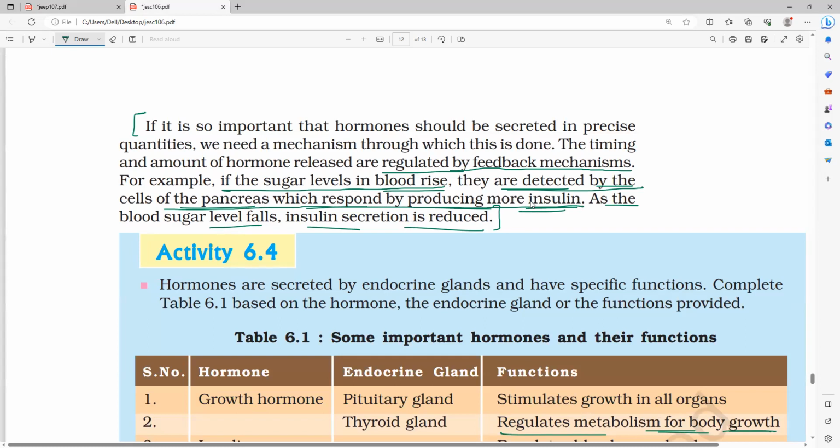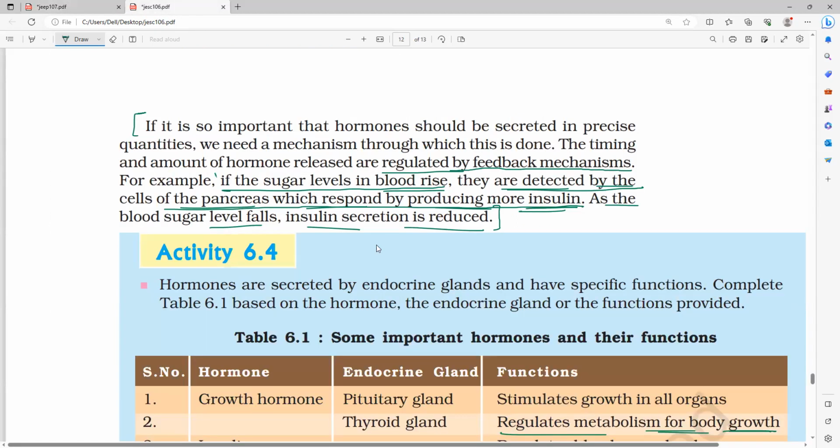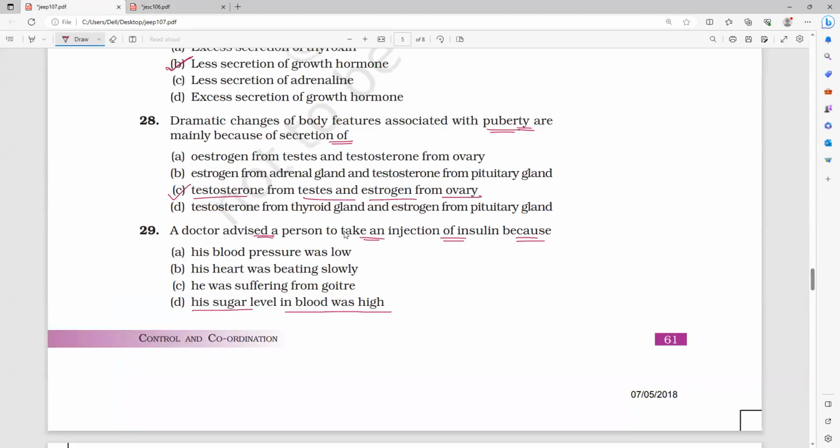If your pancreas fails to secrete insulin, we have to take it manually, through injections. So the person's blood sugar level rises. So option D.